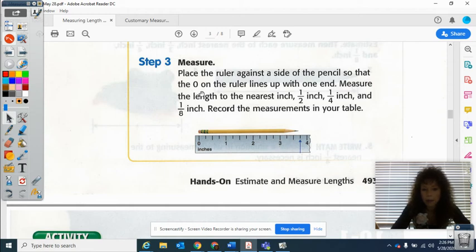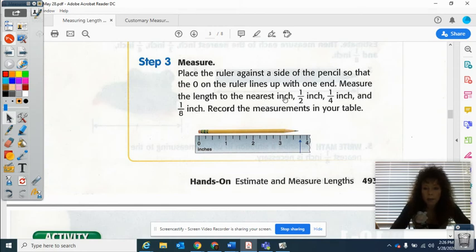So that the 0 on the ruler lines up with one end. So notice they didn't move the ruler all the way over to the end of the pencil. They made sure the 0 was at the end of the pencil. So there's actually a little bit of room at the end of the ruler because it doesn't start until the 0. Okay.